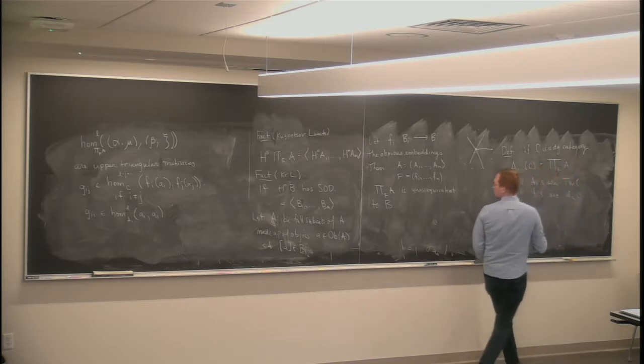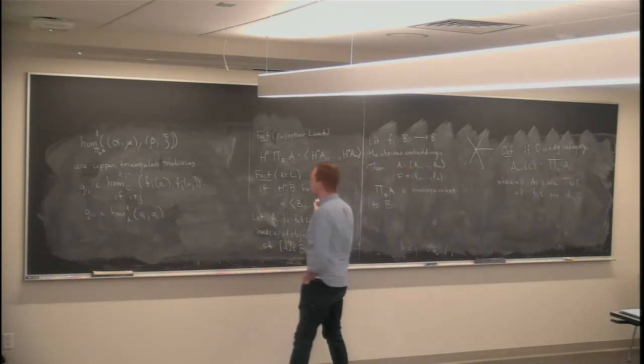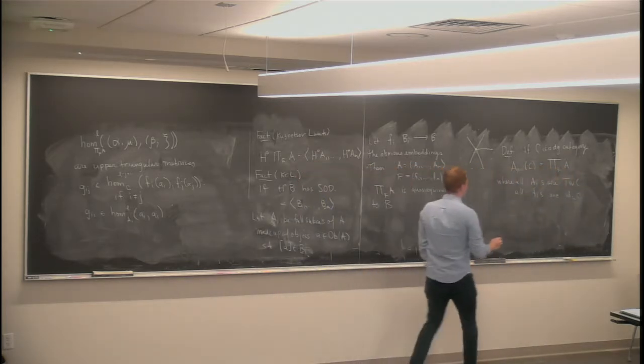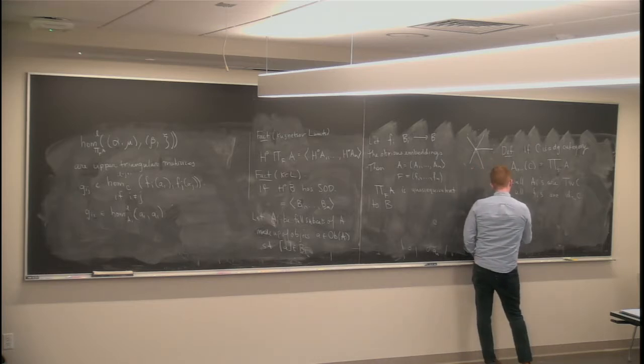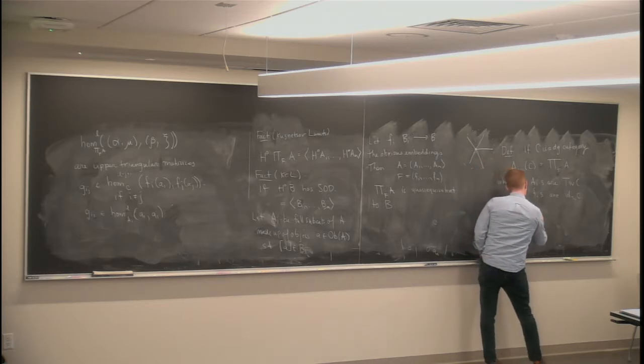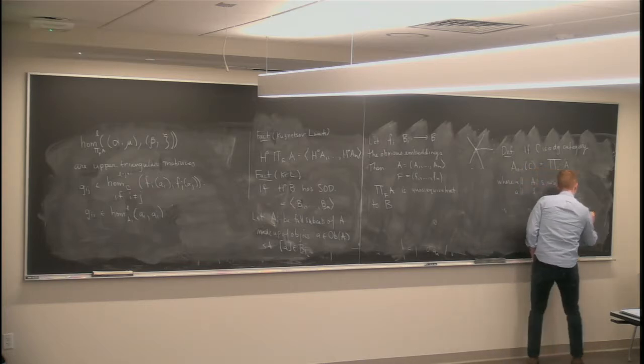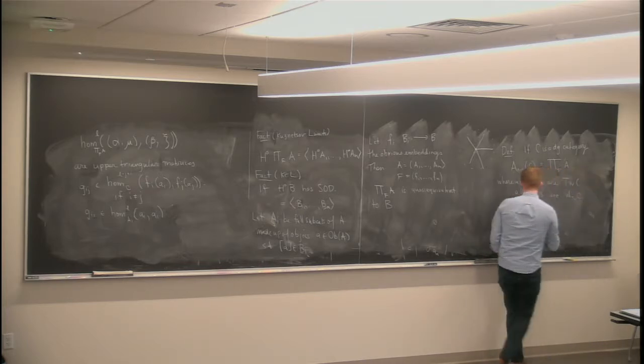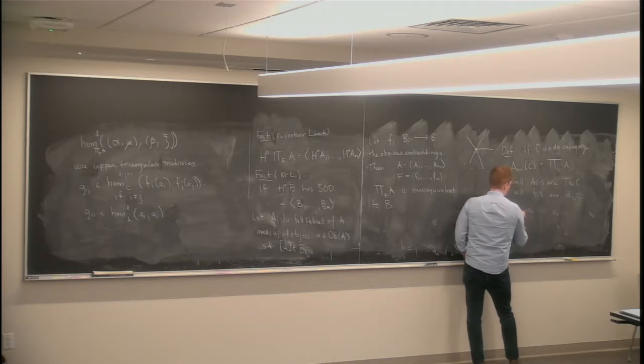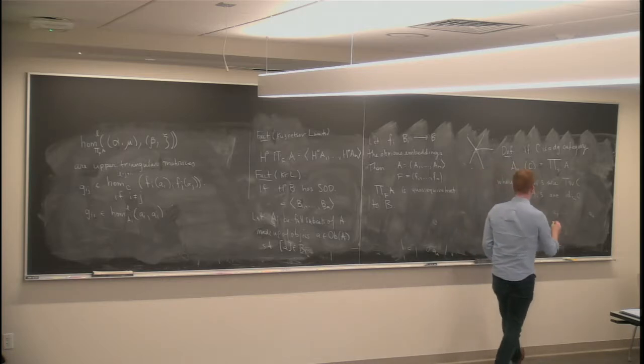Okay, so how should I think about this? Well, my objects in this category are going to be collections of objects, A1, A2, A3, through AN. And I'm going to have maps here, mu1,2. This is degree 0 and closed by the Maurer-Cartan condition.